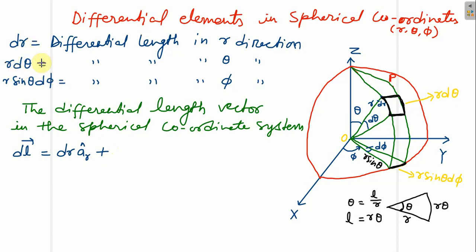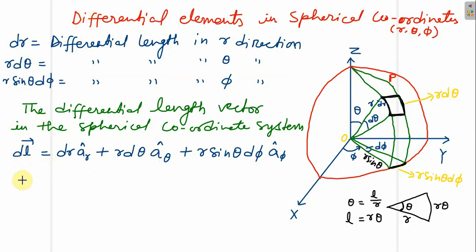Plus what is the component along the theta direction? r d theta, so we will write here r d theta, and the unit vector representing the direction will be a theta. Plus along the phi direction, what will be the component? r sin theta d phi, and the unit vector acting along it is a phi. In this way we can have the differential length vector.